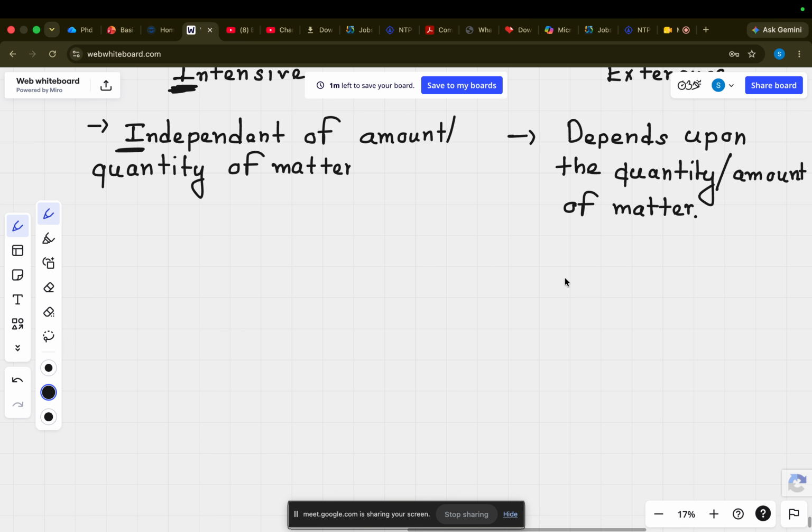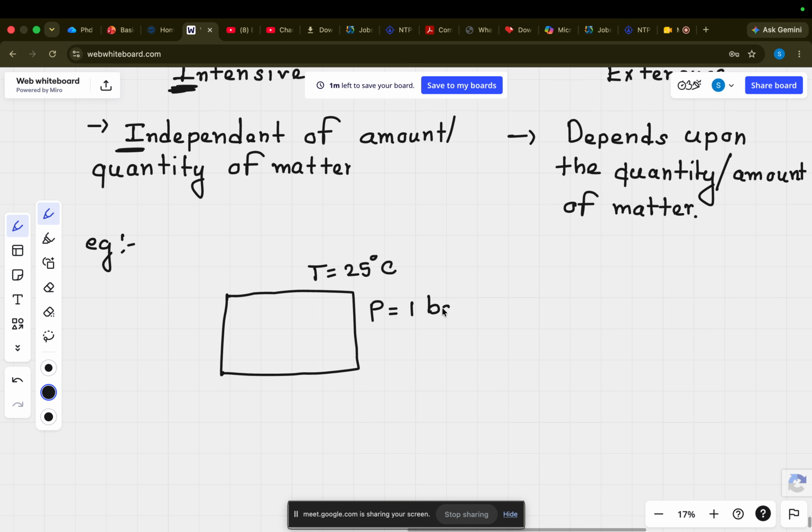If I write down an example, I am giving one example. Suppose you have a room, this is your home. If you are staying in your home, it has a temperature, room temperature 25 degrees centigrade. Pressure is the atmospheric pressure, 1 bar.